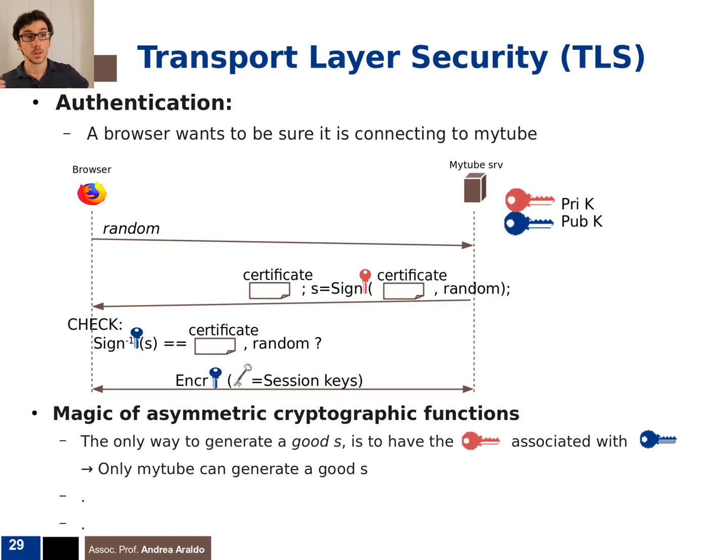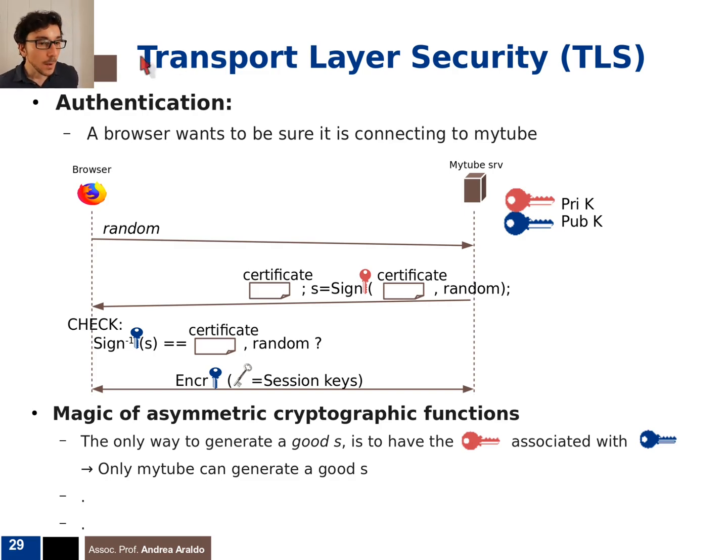TLS stands for Transport Layer Security, and this channel encrypts all the information exchanged between the server and the user. And so all HTTP requests and replies are actually encrypted inside this TLS channel.